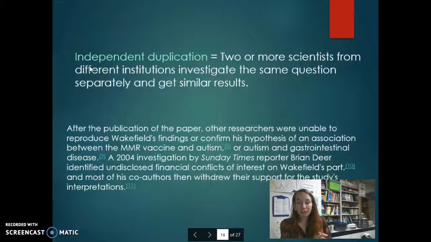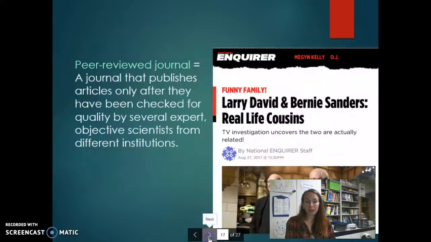Everything pointed to the fact that he was either lying or he was paid off. And as it says right here, which is just a little bit of information about him, in 2004, they actually did find that he was paid by a group that has a conflict of interest. So it was actually an anti-vaccine group that gave him a lot of money to say what he had said.